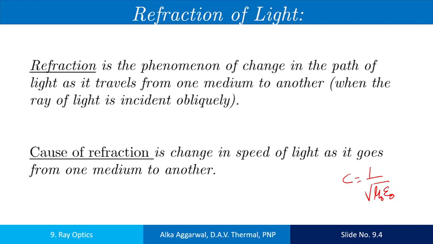The permeability and the permittivity of all media are different, so the speed of light is different in different media. As the speed of light is different, it deviates from its path, and that is the cause of refraction.